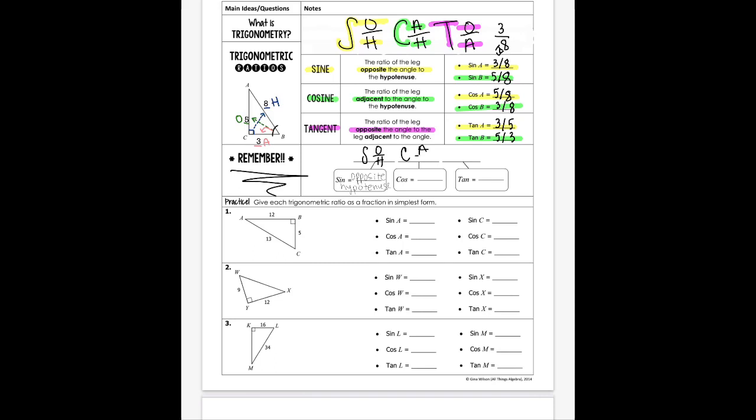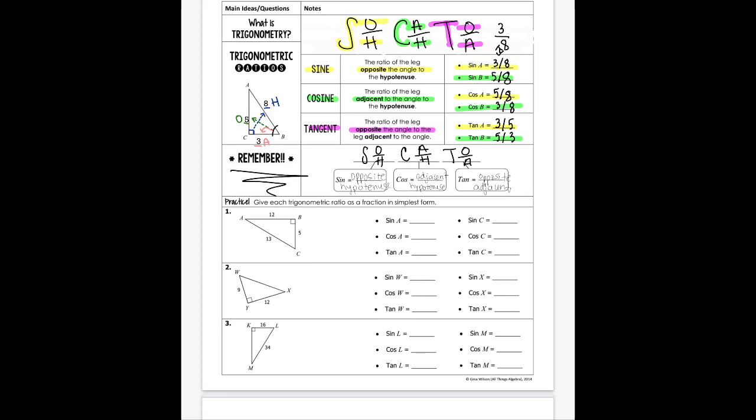The CAH is just saying cosine equals adjacent over hypotenuse. And the TOA basically says that tangent is just the opposite over the adjacent.